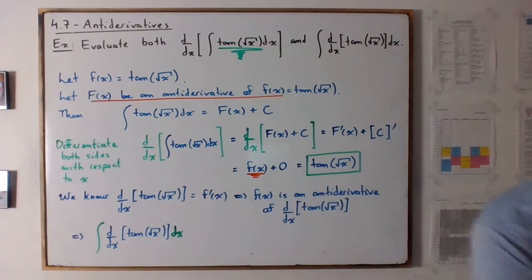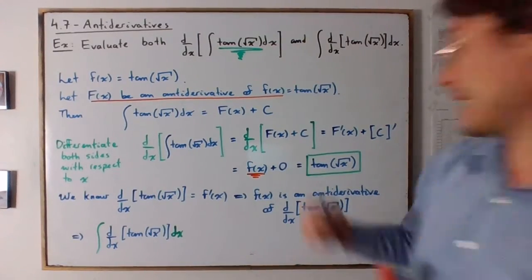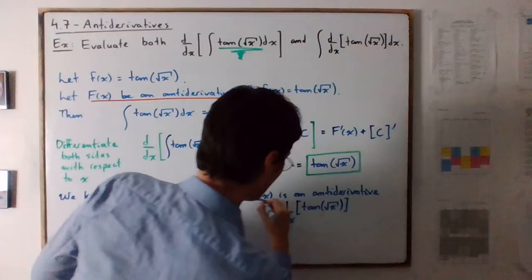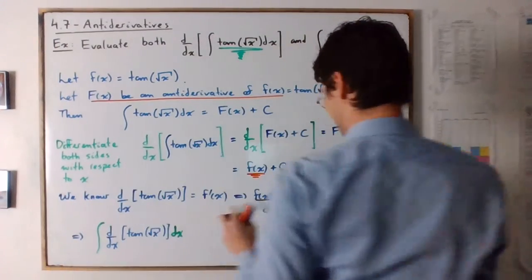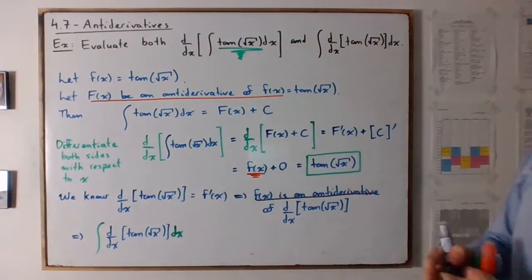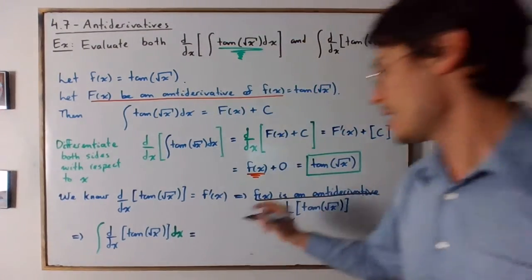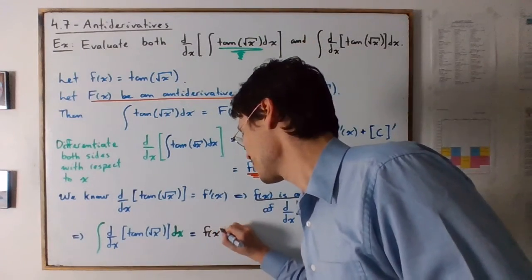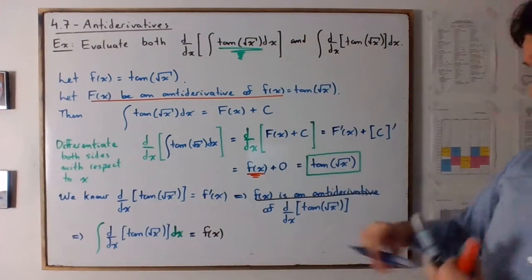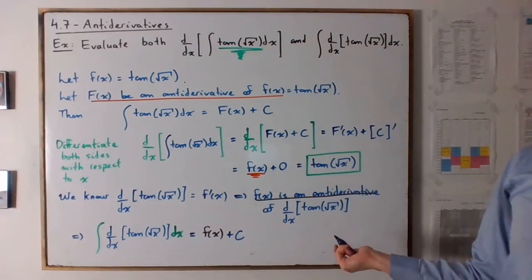So we deduce that f is an antiderivative, and we can say here that the collection of all the antiderivatives will be of the form f of x plus c, where c, remember, is the constant of integration.